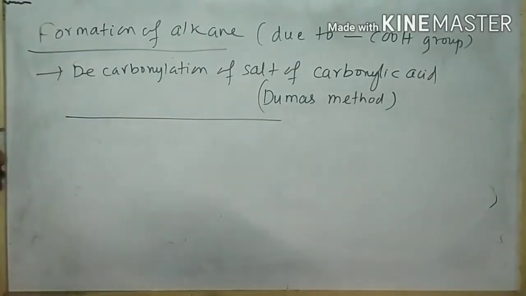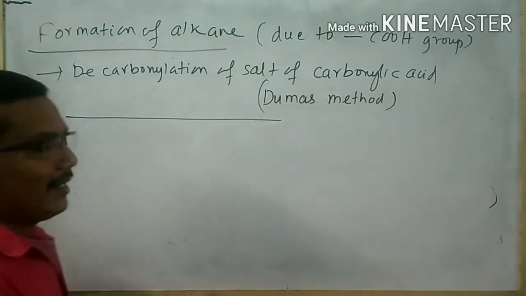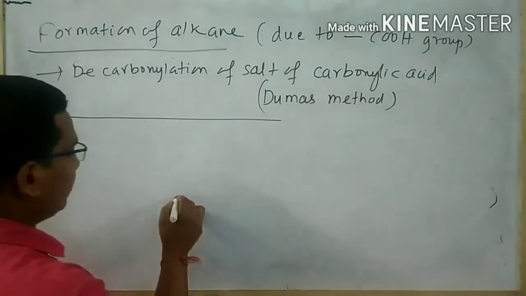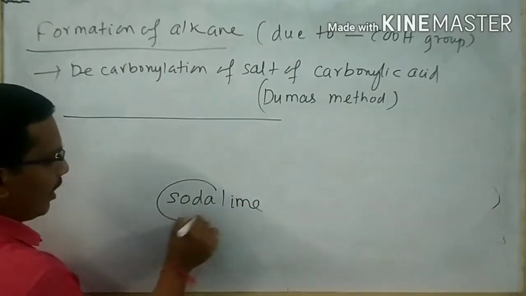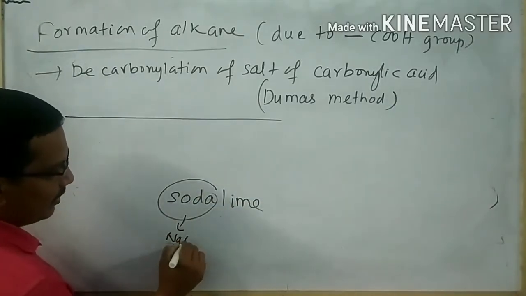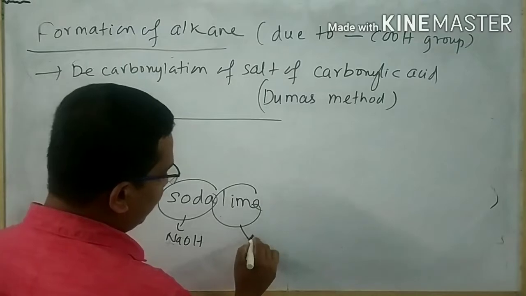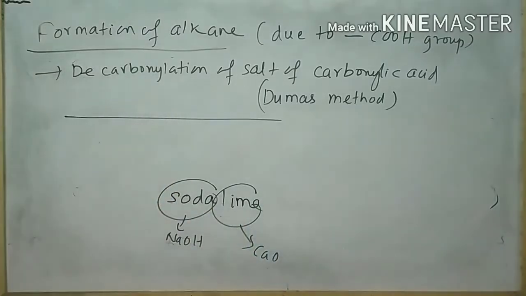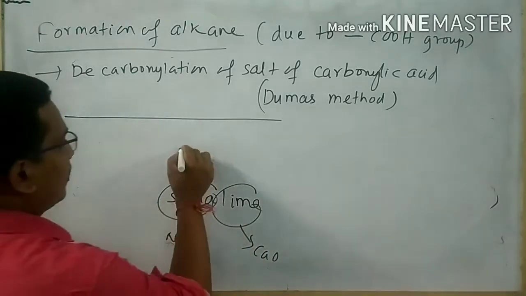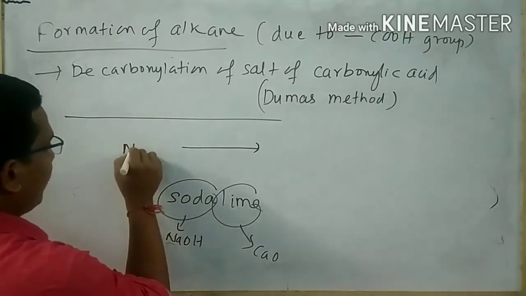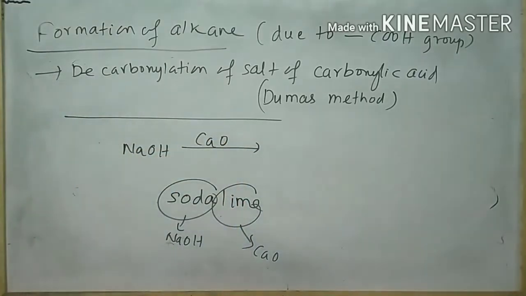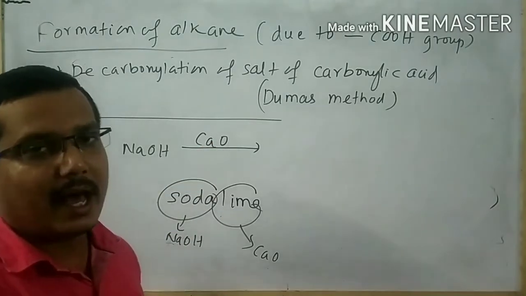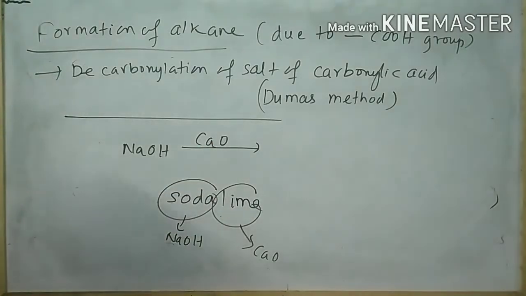Here a salt of carboxylic acid is taken and subjected to reaction with soda lime. Soda means sodium hydroxide and lime means calcium oxide. So the carboxylic acid salt reacts with sodium hydroxide in the presence of calcium oxide. Here calcium oxide acts as a catalyst.